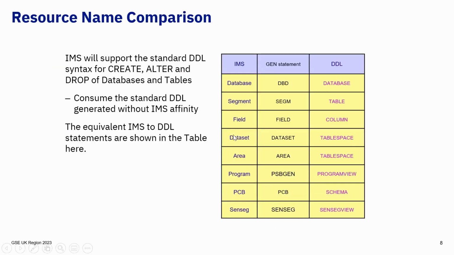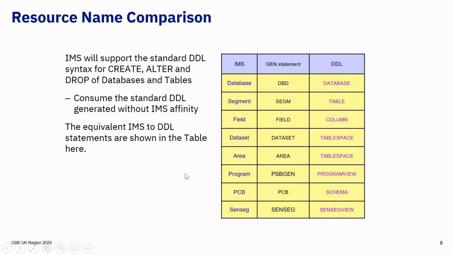So just a couple of things. I like this page, and I've always kept it in most of my presentations. It sort of correlates the IMS resource naming convention with the naming convention in DDL. So databases are defined using DBD assembler macro statements. In DDL, when you create a database, you don't say DBD, you just say database.